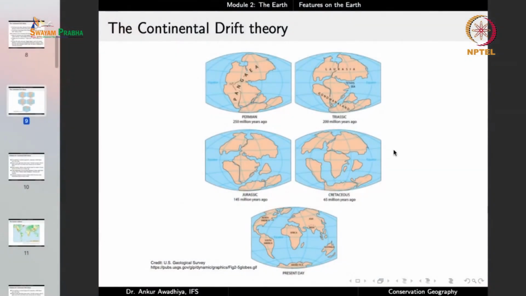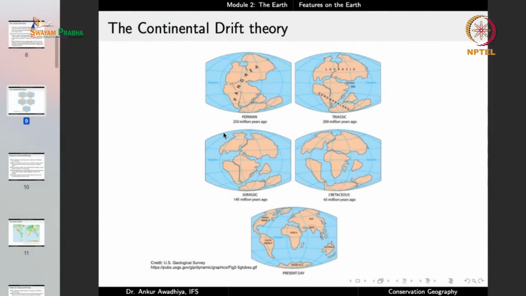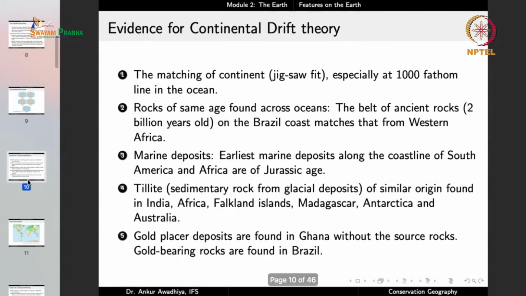But if you look at the configuration today, where these are so far apart, it is next to impossible to create sedimentary rocks of the same origin in these locations. So this is another evidence for the continental drift theory.